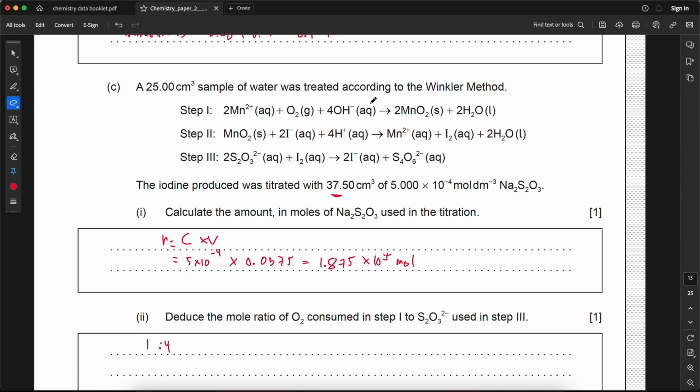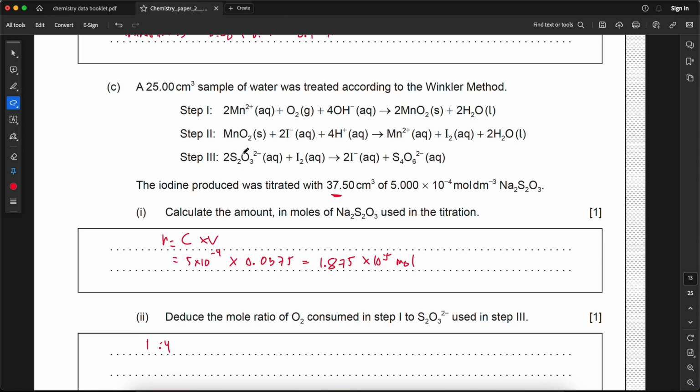So to produce MnO2, it needs to consume oxygen. MnO2 then reacts with iodide ion, and also H plus, producing iodine that will react with sodium thiosulfate.